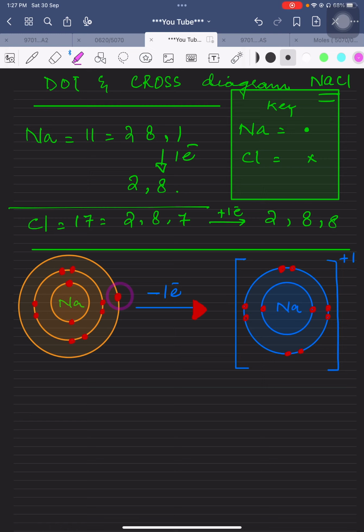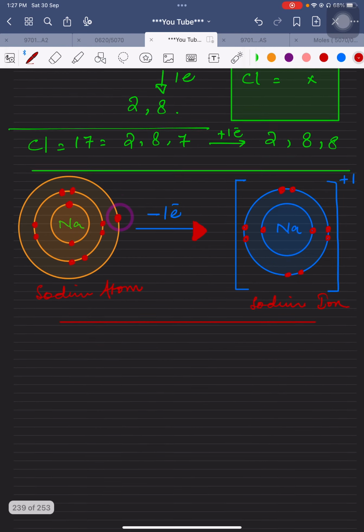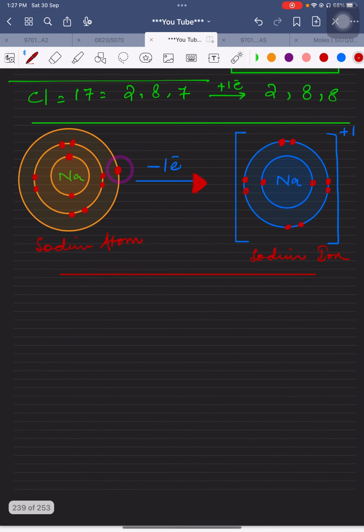All right, so this electron is the lost electron. Is that okay right now? So now this is called the sodium atom, and this is called the sodium ion.